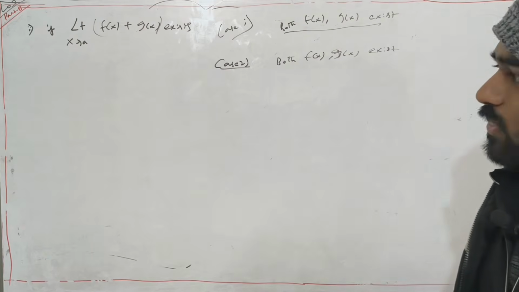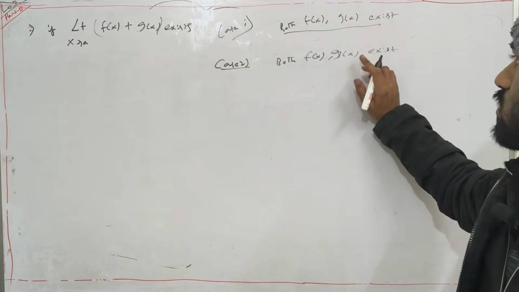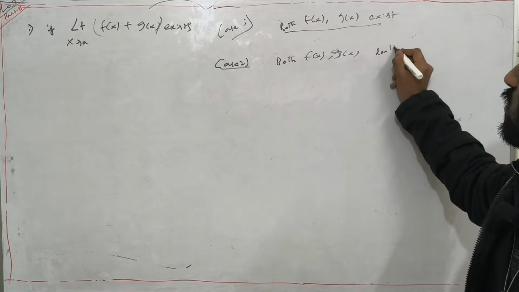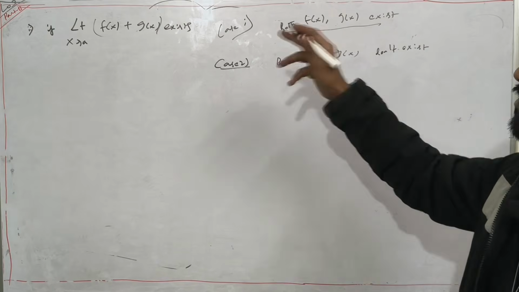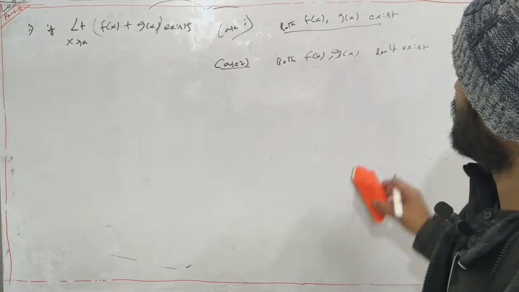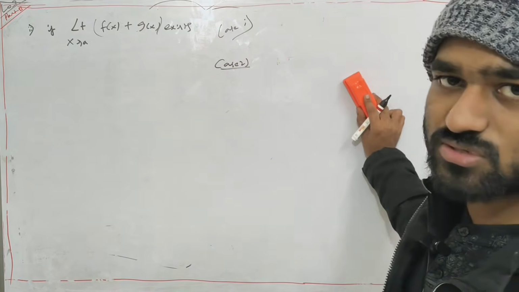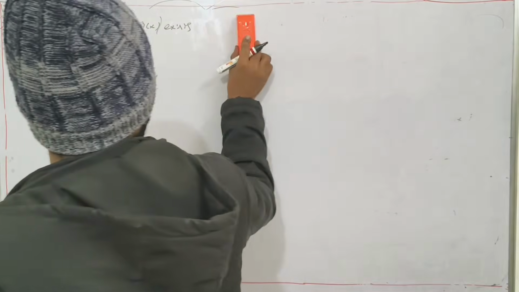The question comes, why? Either both should exist or both should not exist. Then we will have the case that limit x tends to a f of x plus g of x exists, but there is no case of one existing and one not existing. The question is why. Let's see.